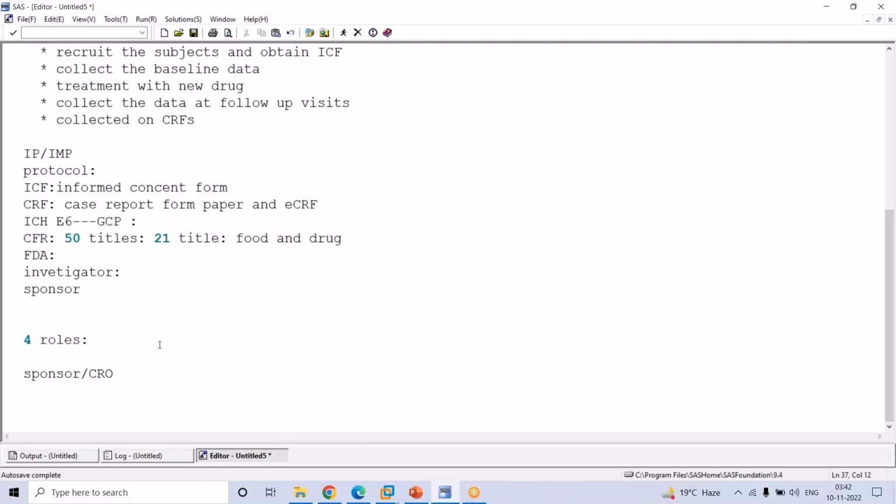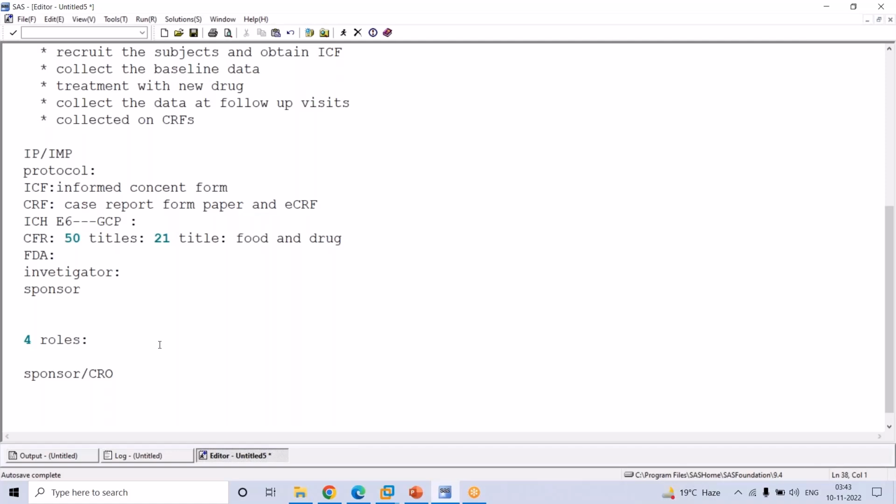The sponsor is the pharmaceutical company or biotech company that funds, finances and organizes the clinical studies. Sometimes for conducting clinical studies, they outsource to other companies called contract research organizations. It's a company contracted by the sponsor to manage clinical trial related activities.